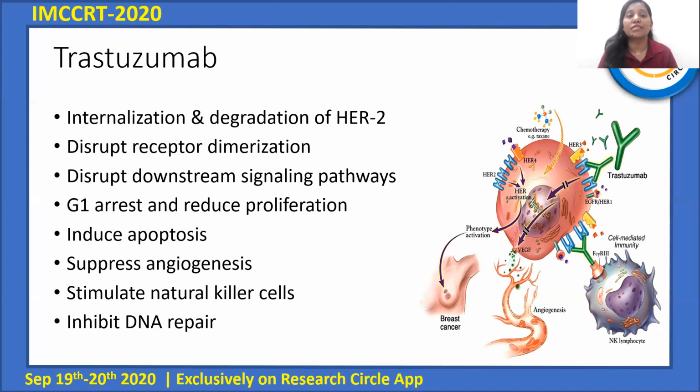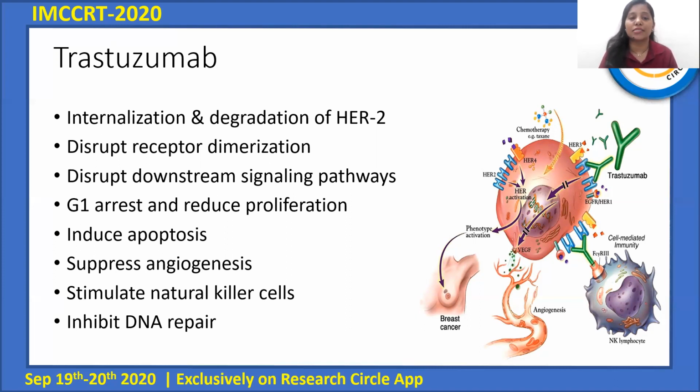Trastuzumab mainly neutralizes this HER2 receptor by internalization and degradation of the HER2 receptor, disrupts the receptor dimerization, and disrupts the downstream signaling pathway. It also arrests the G1 phase of multiplication and reduces proliferation. It also induces apoptosis, with which the cancer cells are dying.